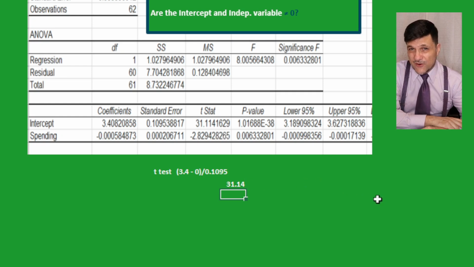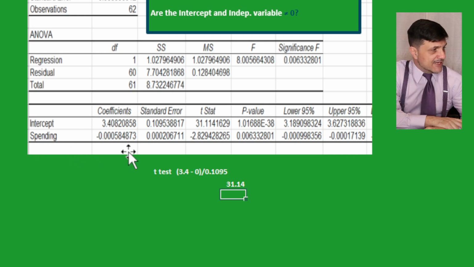Do you need a critical value to figure out if you're going to reject the hypothesis or not? No. This number is way above 3, right? It's 31. Reject anything. So here we conclude that the intercept is significantly different from 0 because we reject the hypothesis that it is 0.